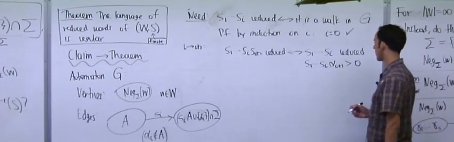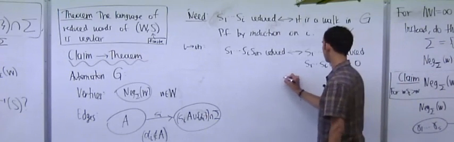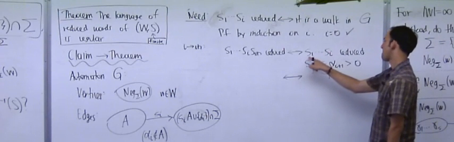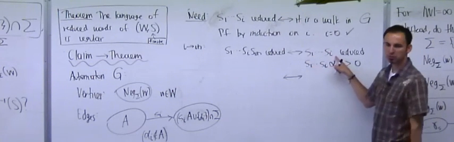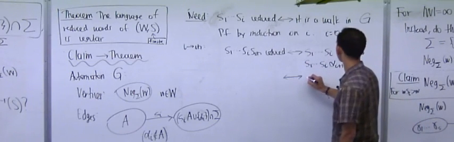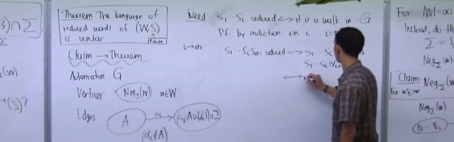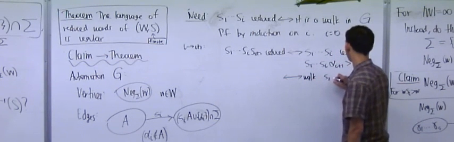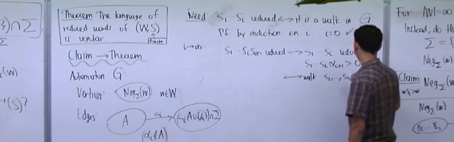Okay. Now, if and only if. When is S_1 up to S_i reduced? Well, by the inductive hypothesis, there is a walk with edges S_1 up to S_i.